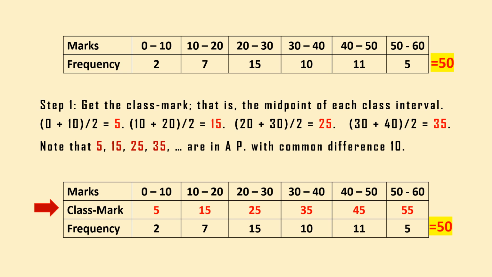We only need the class mark, the frequency, and some extra columns. So the first thing is to add one extra field, that is class mark, the midpoint, and see that the midpoint is in AP. Then we shall do step number 2.